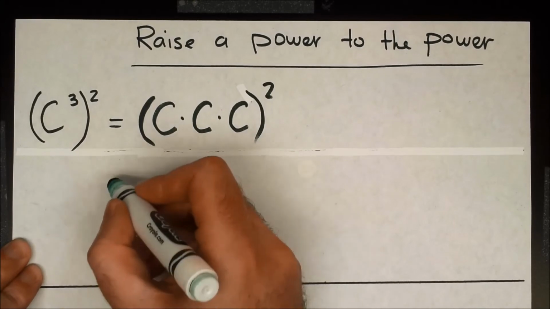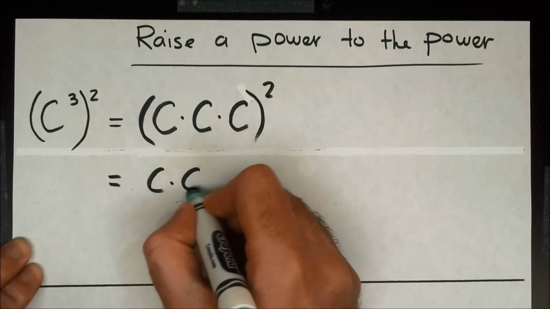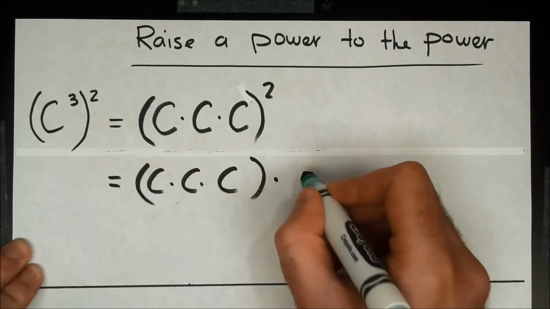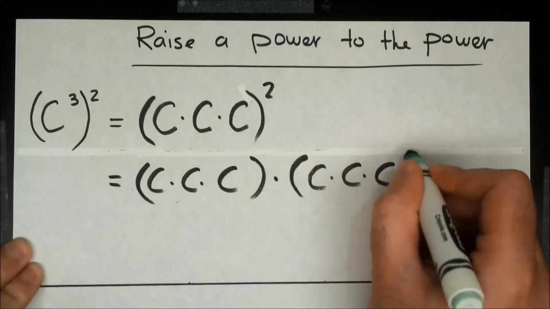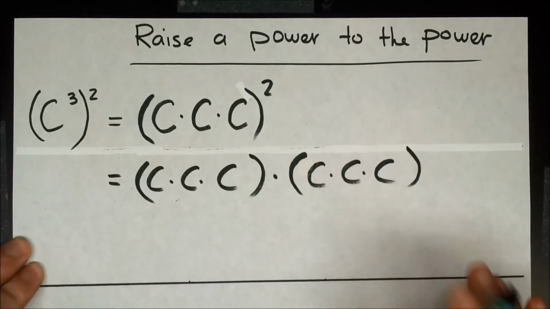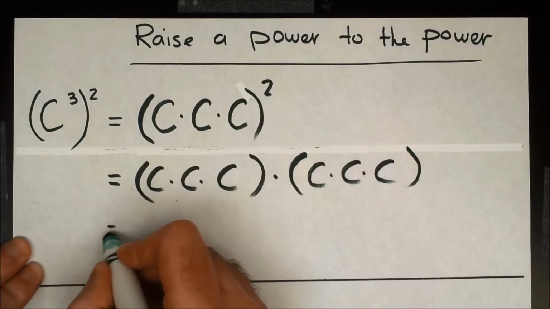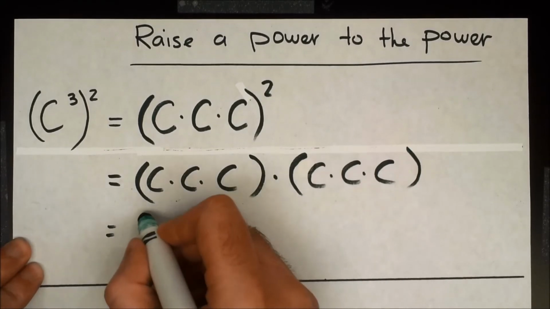It does. So you can do this, right? You can take c times c times c, multiply it against c times c times c. Sure you can, of course you can, why not? And here the parentheses aren't really necessary, so I can drop them.